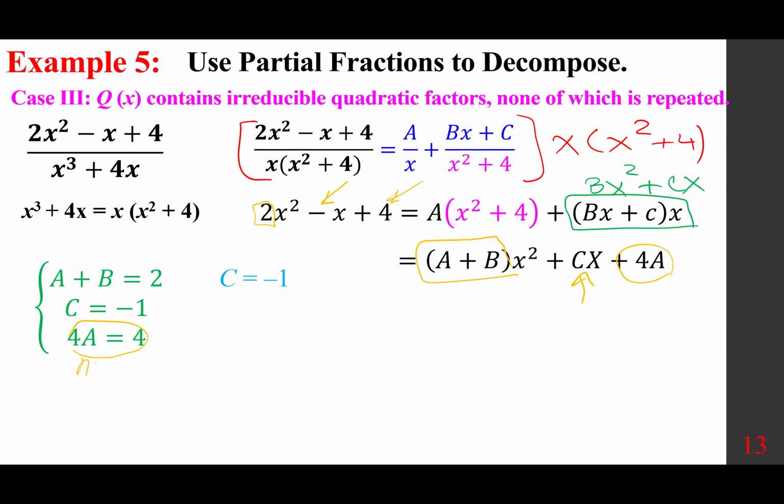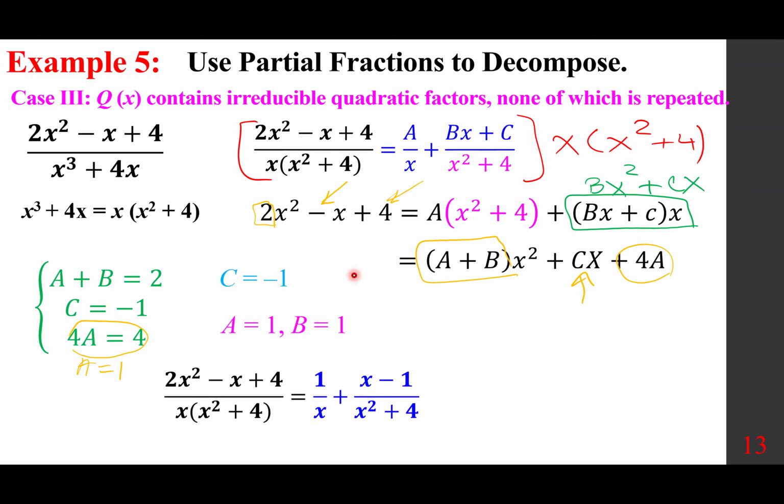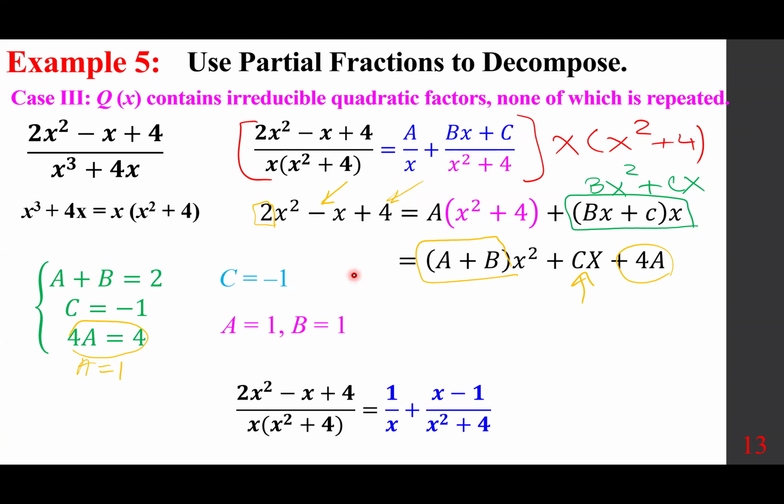This one says A is 1. Put it here. B becomes 1. Therefore, this expression becomes a over x, that means 1 over x, plus bx plus c, that means 1 times x minus 1 over x² plus 4. So it's extremely simple, everybody.